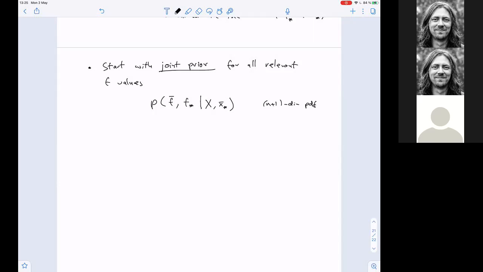Since we implicitly say that we always know the input points, we could also write, just put that in brackets, the prior for f star, where this would just mean it's our prior for our training data and our test point, where the X matrix in D would just belong on the other side of the given in the conditional. I'll typically spell it out this way.